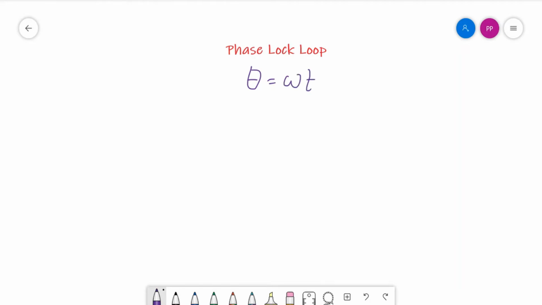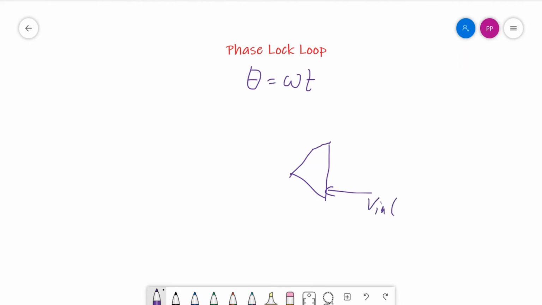In the phase lock loop, we have a comparator. This comparator will compare two inputs, that is the DC input, which is the V in.